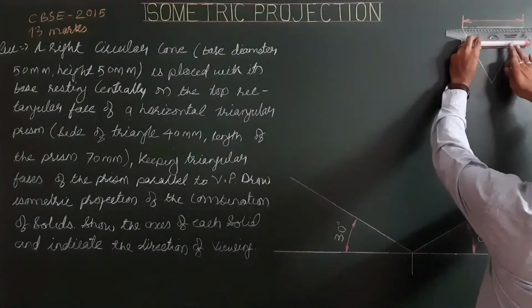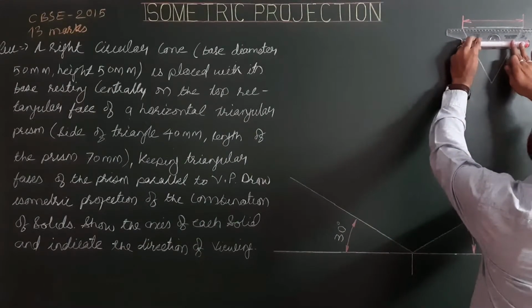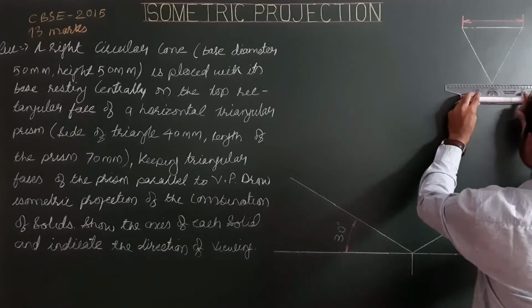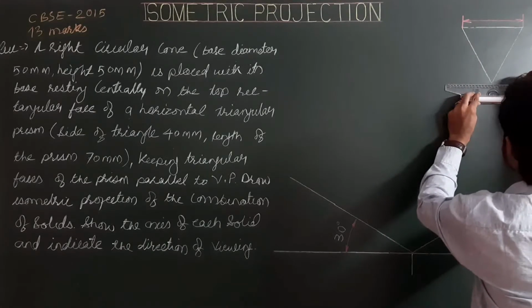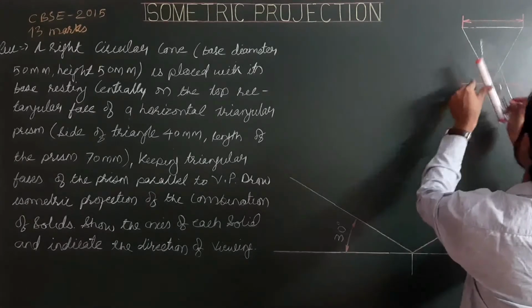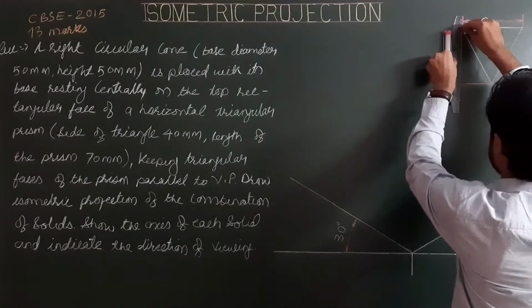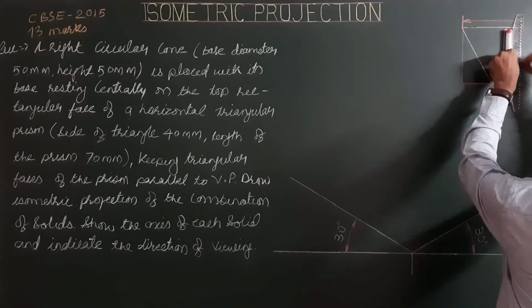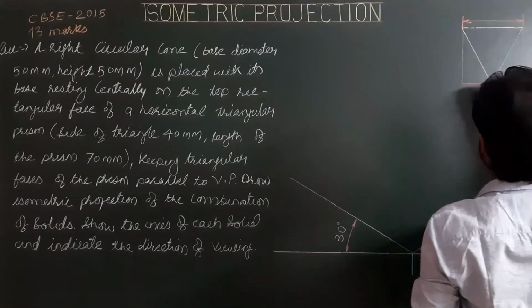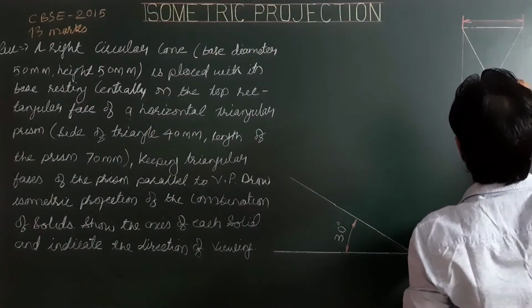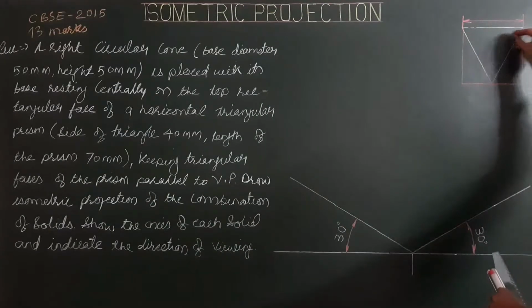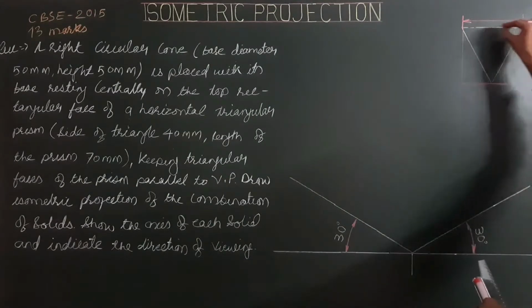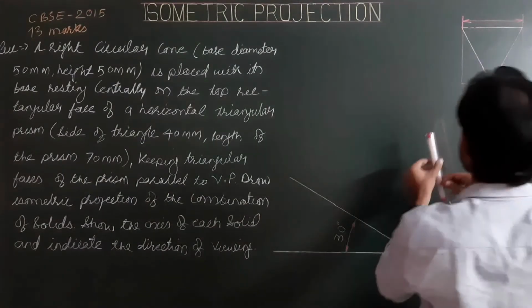Now we have to draw lines parallel to the first base, and perpendicular to that base, passing through all corners of the triangle. So these are 3 corners of the triangle, and these are 4 corners of the helping box.